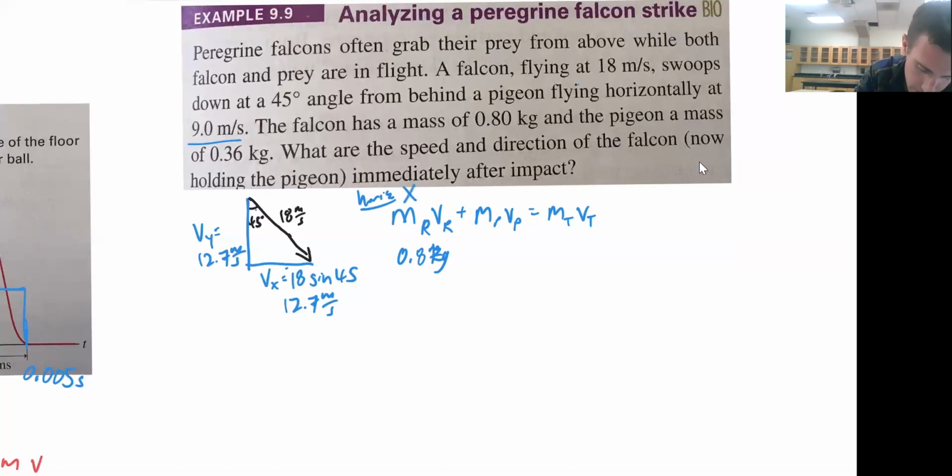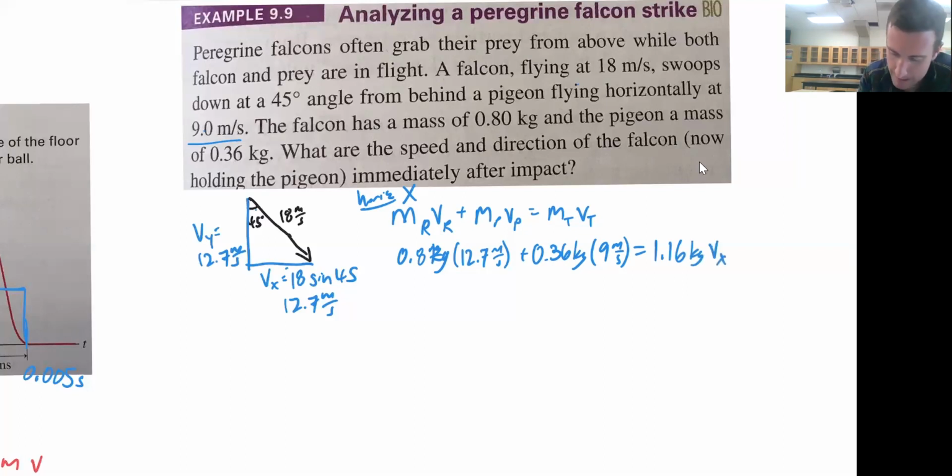The horizontal component is just the x component, which would be 12.7 meters per second, plus the mass of the pigeon, 0.36 kilograms, times the velocity of the pigeon, which is going 9 meters per second, equals the total mass, 0.8 plus 0.36, which is 1.16 kilograms, times their horizontal velocity.